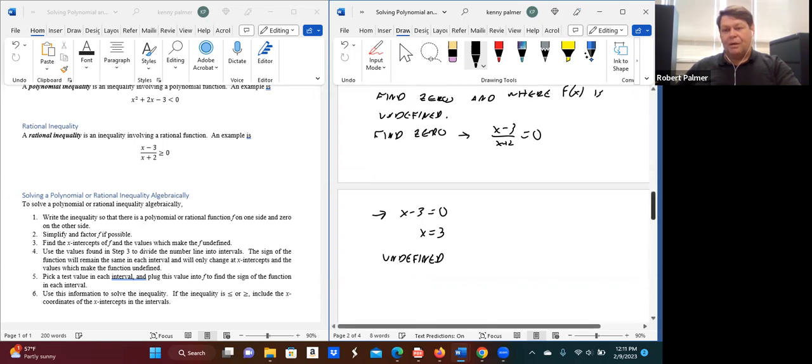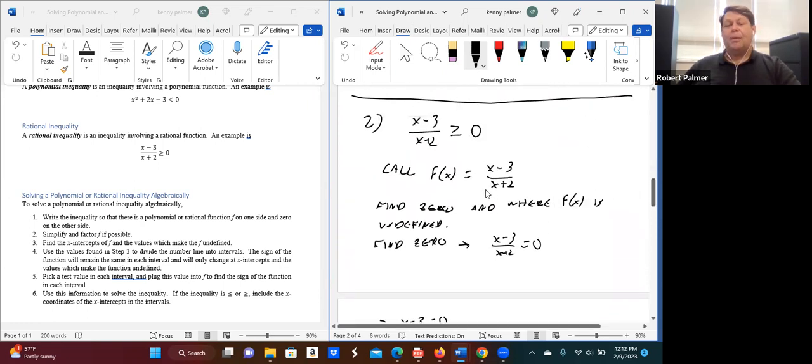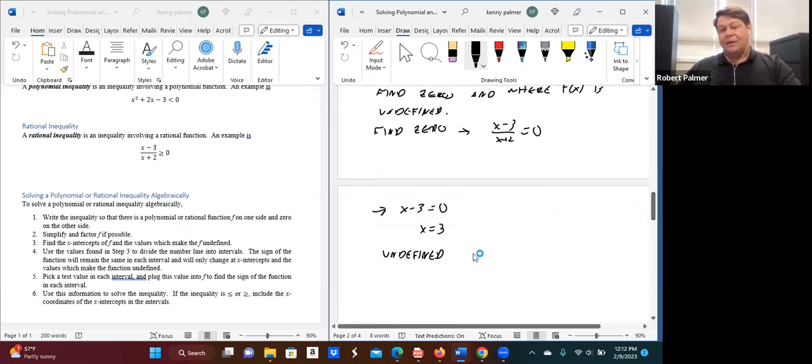look back at our function. Remember, undefined means the denominator is equal to 0. Generally, what you do is you set your denominator equal to 0 and solve. And here we can see that if x is -2, our denominator will be 0. So that's where it's undefined, and basically x can't be -2, because the denominator can't be 0.